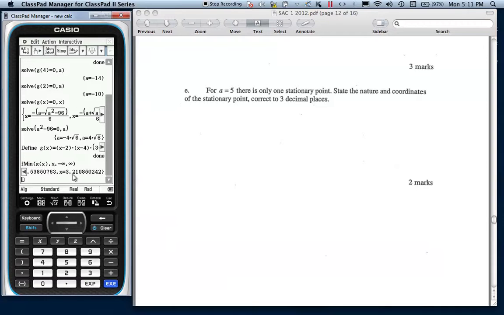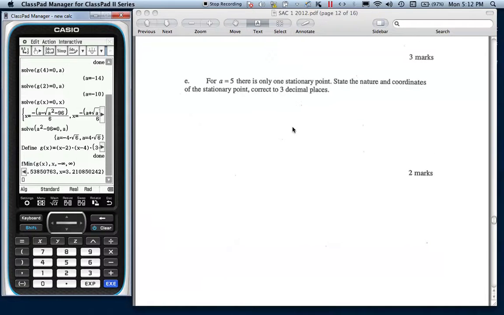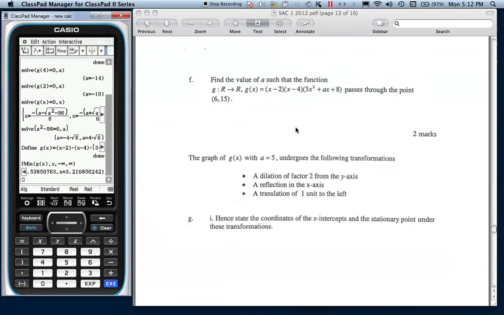So the coordinates are (3.211, minus 52.539), because it's 3 decimal places. So minus 52.539 is the y value, x value is 3.211. The nature of the stationary point is it's a local minimum.